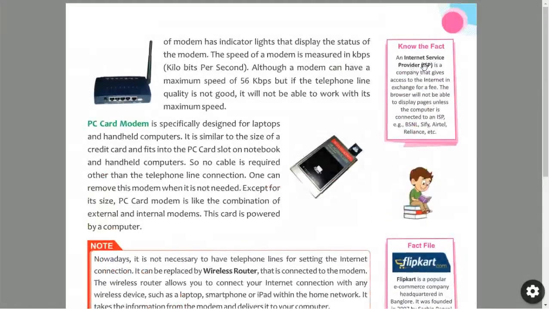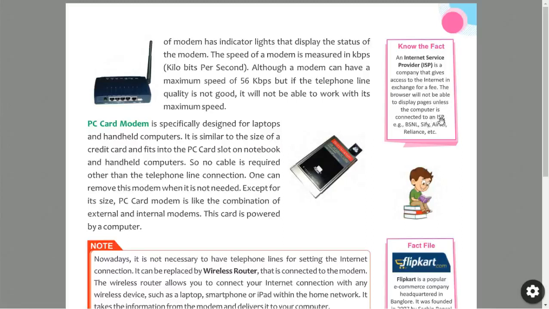An internet service provider, ISP, is a company that gives access to the internet in exchange for a fee. ISP means internet service provider. So these companies give the internet connection, and in exchange for a fee, means you have to pay the money and they will give the connection. The browser will not be able to display pages unless the computer is connected to an ISP.